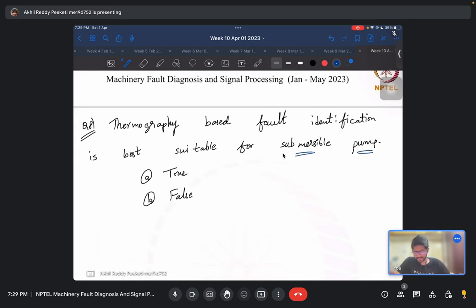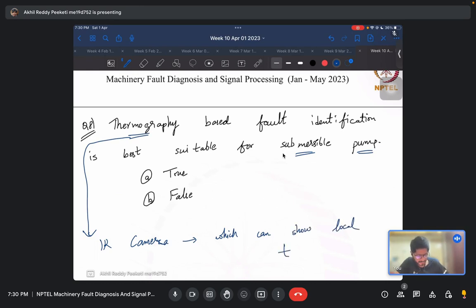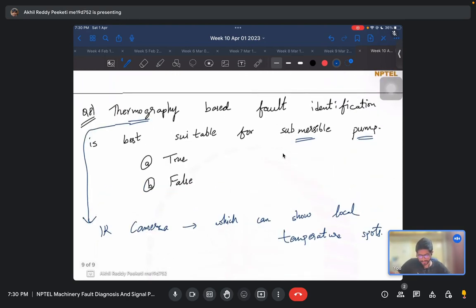and thermography is basically where you have an IR camera which can show you local temperature spots, any high temperature spots or low temperature spots. Those you will be able to identify in the IR camera. If you have a submersible pump, it is surrounded by oil or water on all sides.